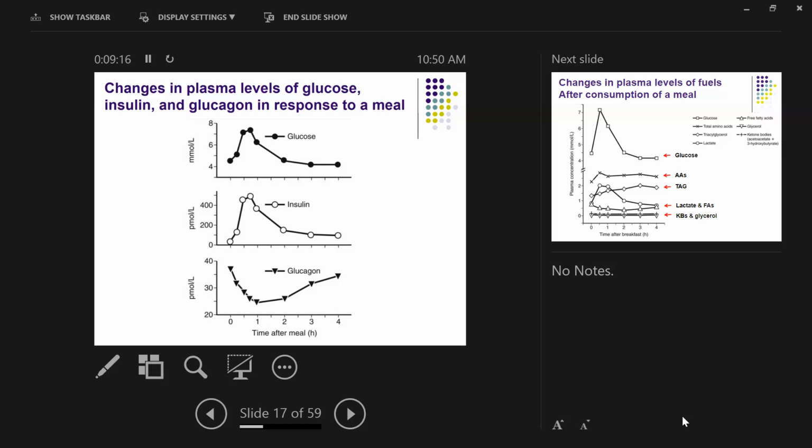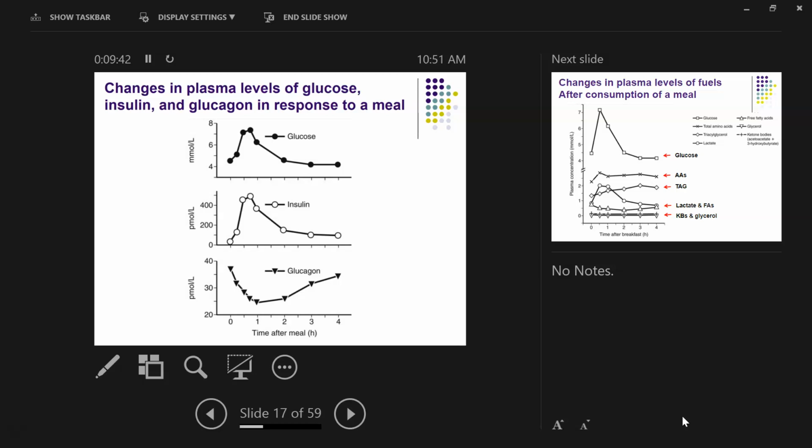And in parallel, the insulin level is also increased, which makes sense, right? We know that glucose stimulates or triggers insulin secretion, right? So when we have a high glucose level absorbed from the diet, it also increases the insulin level. So insulin and glucose levels increase in parallel.